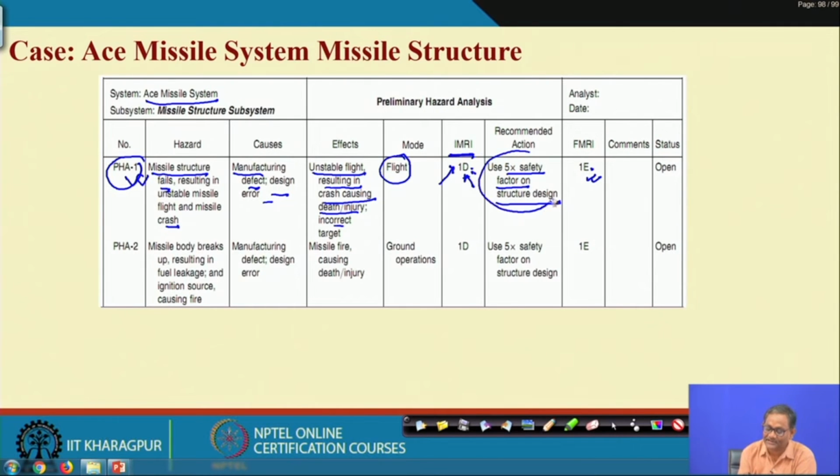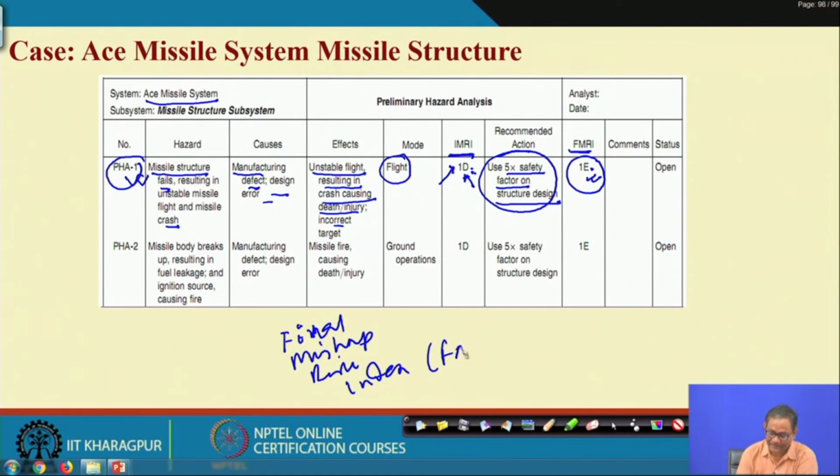If you take this action, then what will happen to the final mishap risk index, FMRI? Open means it is not yet done.